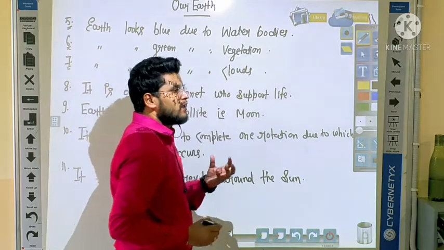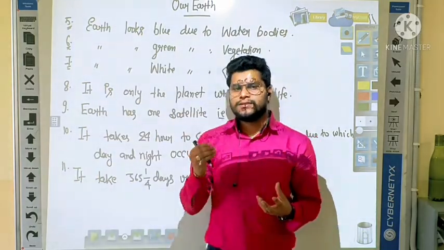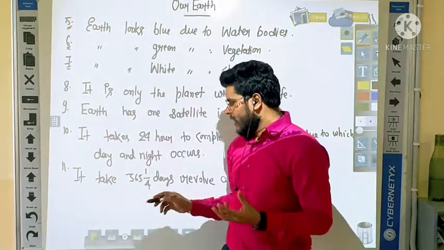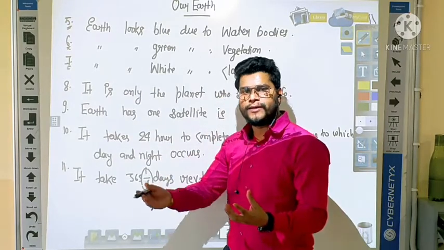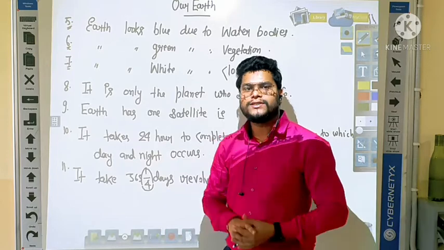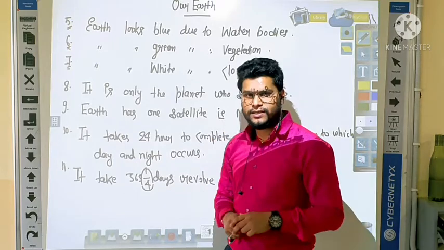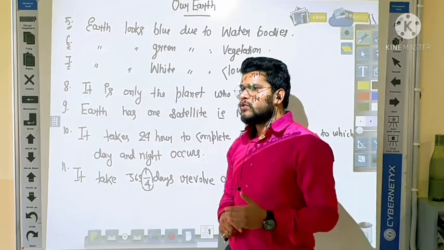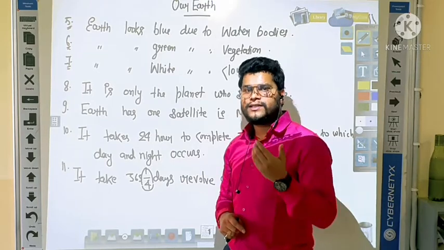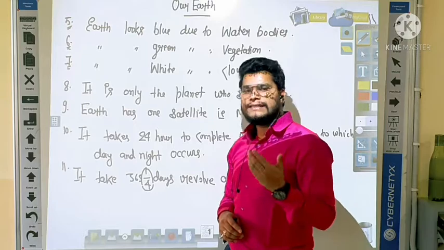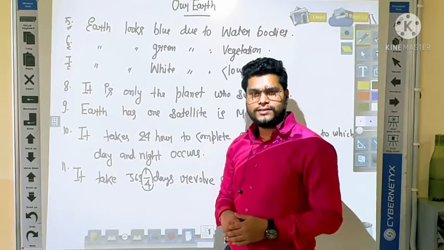So in a year we have 365 days, and due to 1/4 days, in every 4 years we get 1 year equal to 366 days. So every 4 years contain 366 days, and generally 365 days.